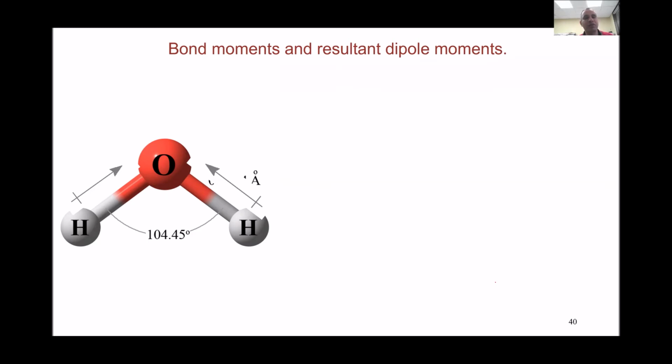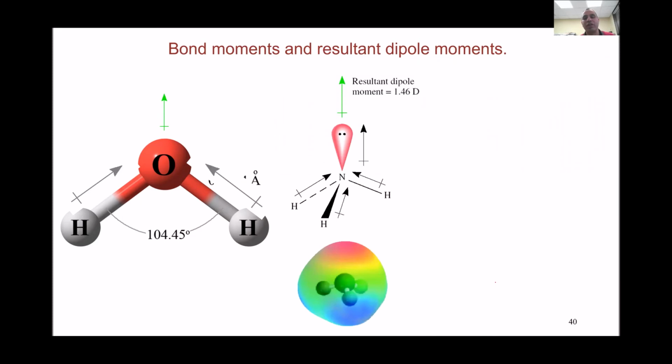And as a result, the molecule will have an overall dipole moment that runs in this direction here. The same situation will happen in case of ammonia. You will have dipole moments running along the hydrogen-nitrogen bonds, but since these bonds are not completely opposite with respect to each other, they will have an overall dipole moment running in this direction.